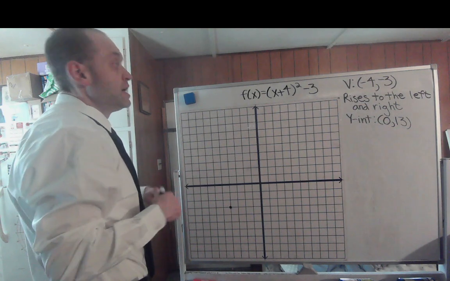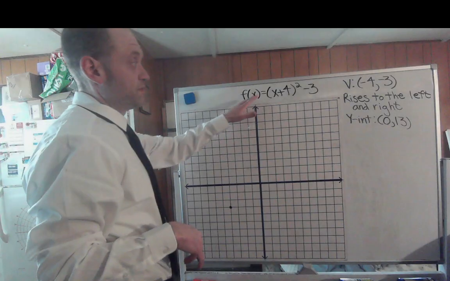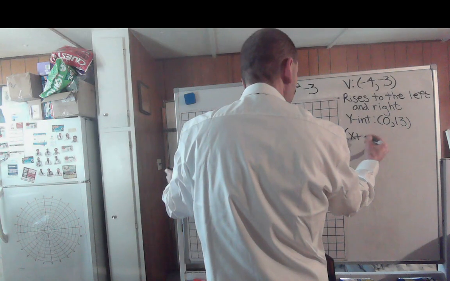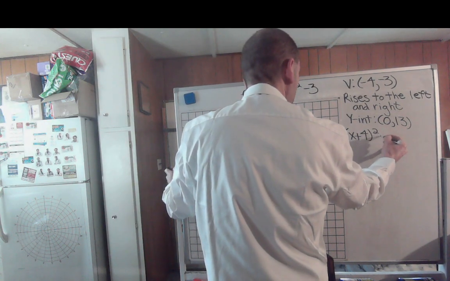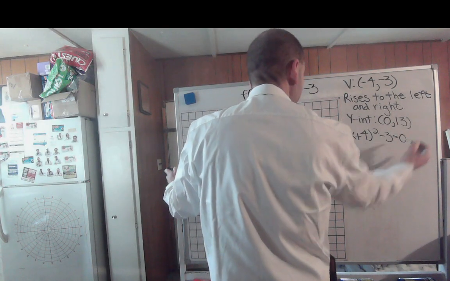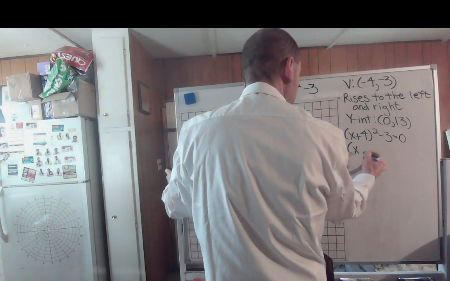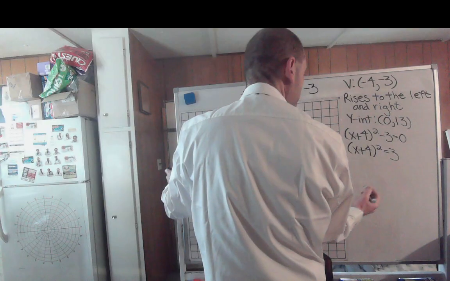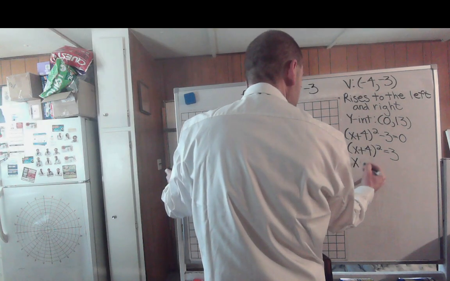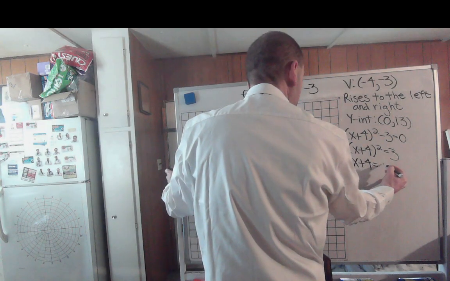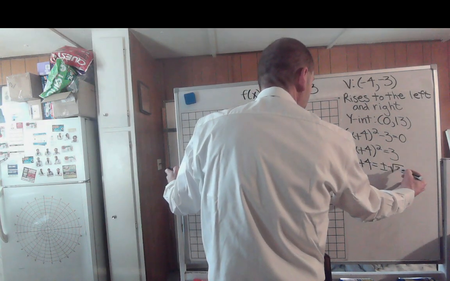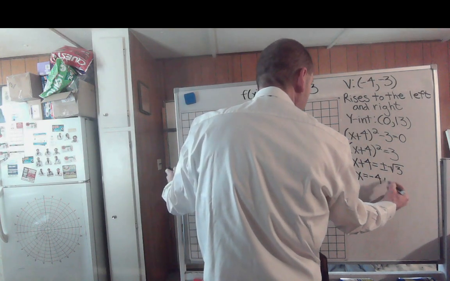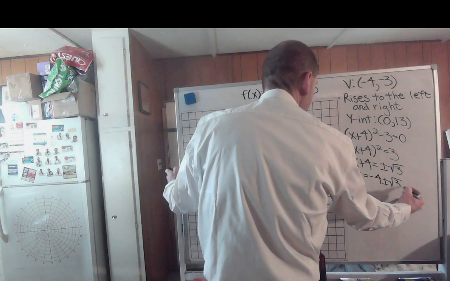And then let's find the x-intercept. So set your function equal to 0. So this would be x plus 4 quantity squared minus 3 equals 0, which would turn into x plus 4 quantity squared equals 3, which would then give you that x plus 4 equals plus and minus the square root of 3, which means x would equal negative 4 plus and minus the square root of 3.